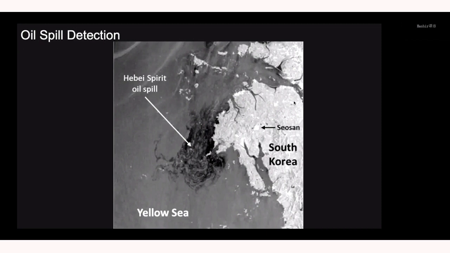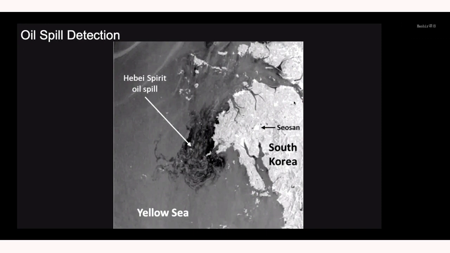Right, so there is another way we can identify many other things using radar sensors. We can also identify oil spills in the sea, and here is an example. Let me tell you why we can identify this.